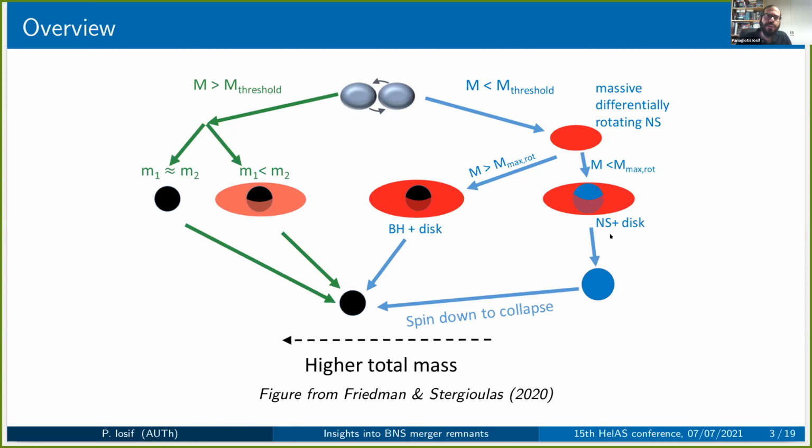The 3 checkpoints are the threshold mass for prompt collapse, the maximum mass of uniformly rotating stars, and the maximum mass of non-rotating stars. So either we will have prompt collapse or delayed collapse scenarios as differential rotation is dissipated, uniform rotation takes over, and the star spins down.